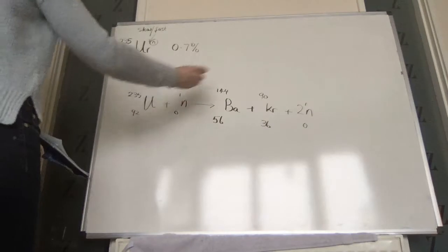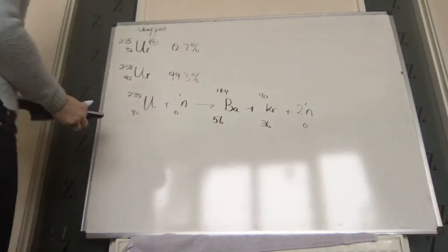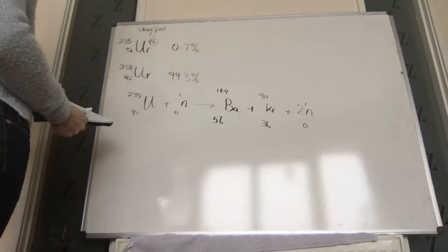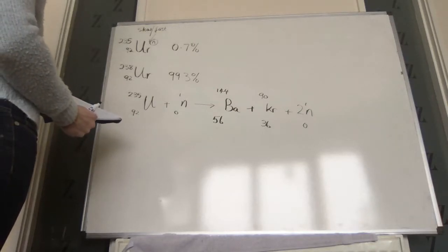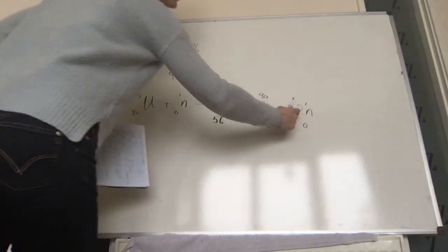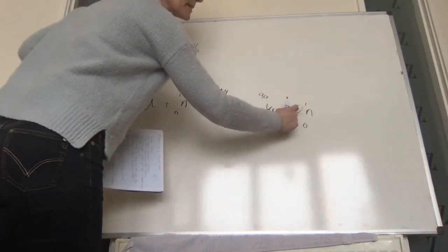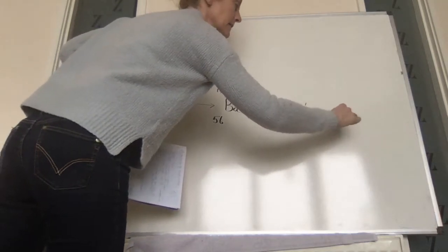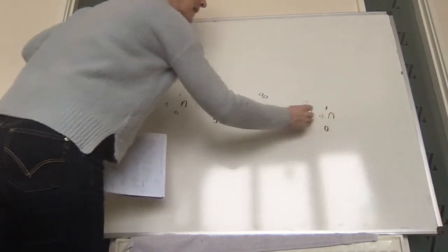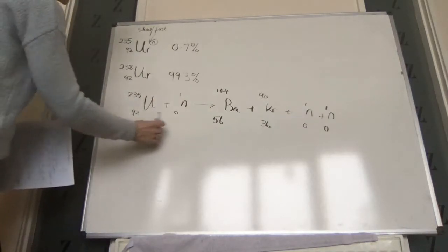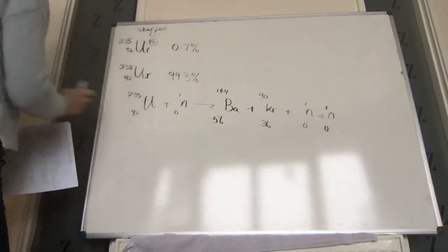That would be one equation for nuclear fission of uranium-235. So two neutrons, effectively that means two of these, so maybe it's better to write it like that. If you add all these numbers here, you'll get the same as the sum of these, and if you add these, you'll get the same as this.